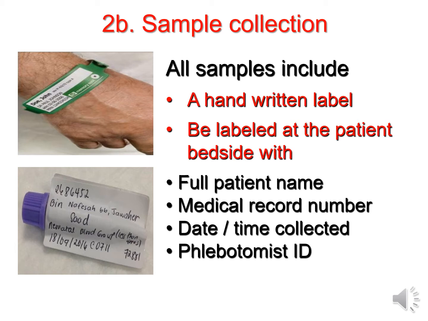Then we have an additional component. All samples should, according to the hospital policy of course, have a handwritten label rather than one generated by a machine or a computer. And it should be labelled at the patient bedside with the patient's full name, medical record number, the date and time collected, and your ID as the phlebotomist.